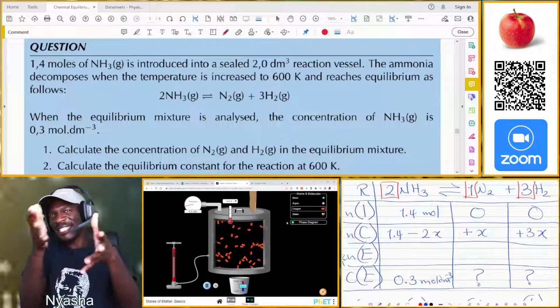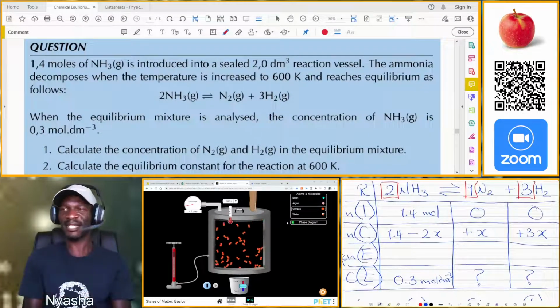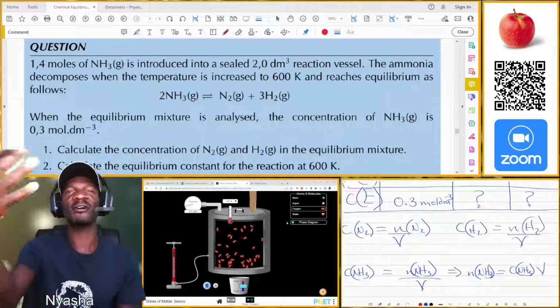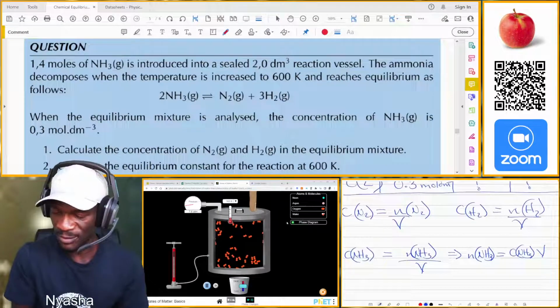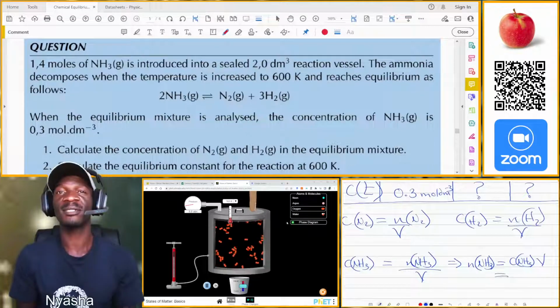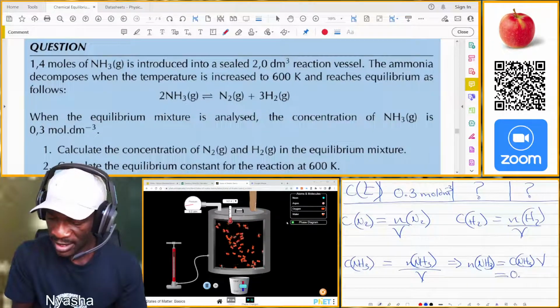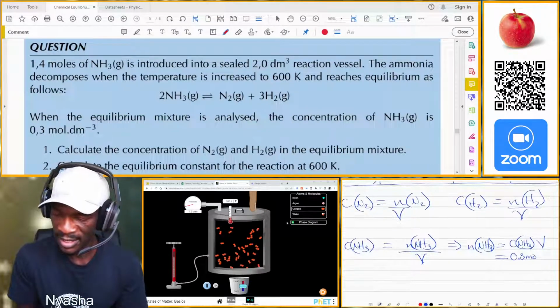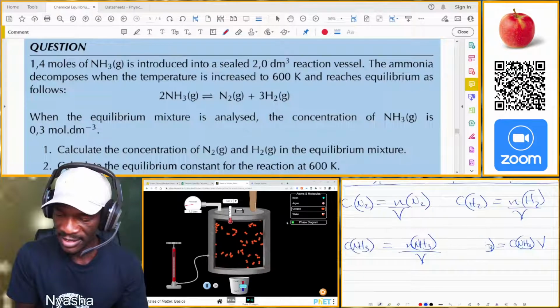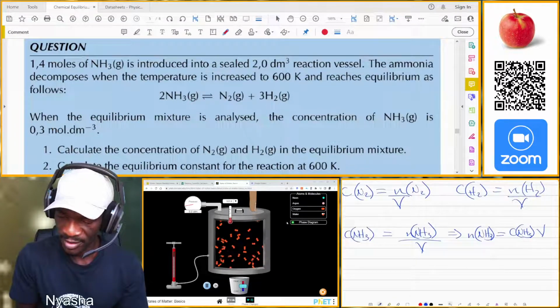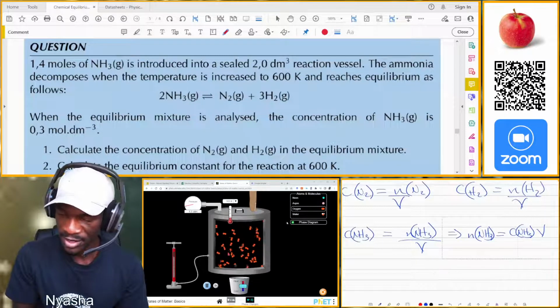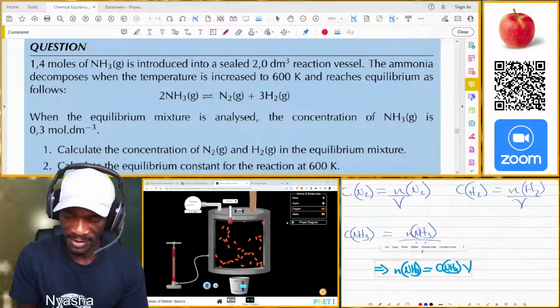So it's actually guiding you, giving you ideas on what to calculate next. So let's put in the numbers. What is the concentration of NH3 at equilibrium? 0.3 mole. Let me take this equation here so that we can use all the space.